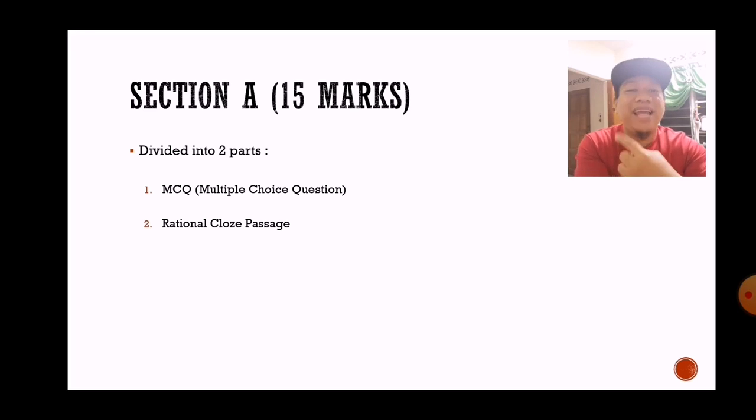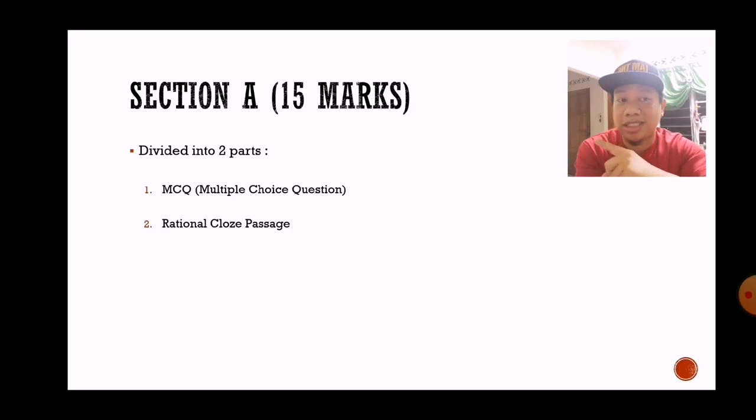Later on in your SPM, you will receive an answer booklet. It's in the form of a book. Last year, if I'm not mistaken, the cover of that book is blue color. I'm not sure about this year. We will see next week.